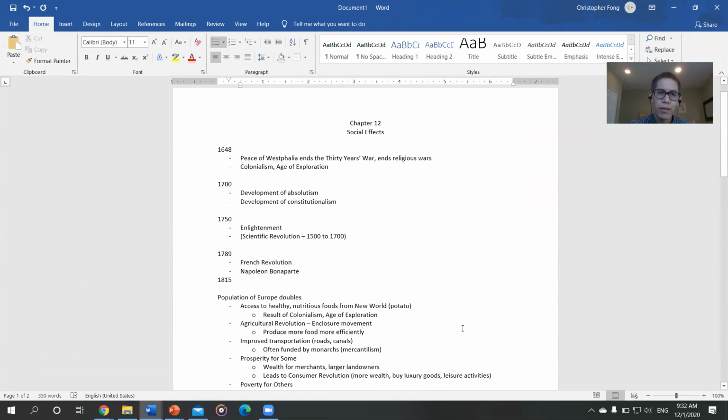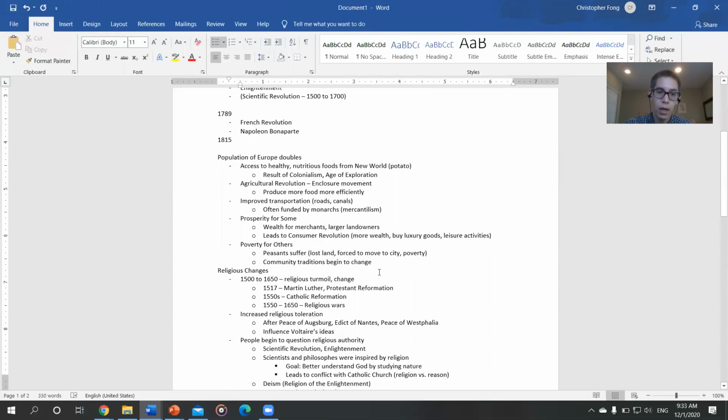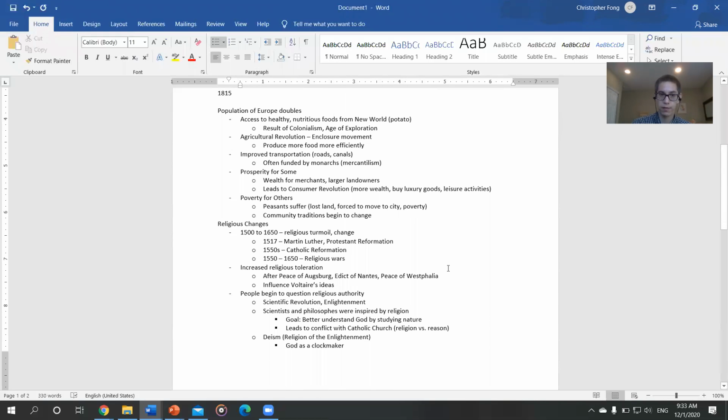So recapping this, we talked about some of the key events of the last few chapters from 1648 to 1815. The religious wars are over, so there is increased religious toleration. There are new forms of government developing, absolutism, constitutionalism, and then the Enlightenment and the effects the Enlightenment has with the French Revolution. When talking about these social effects, in three or four different buckets, we see population growth, which benefits many and harms others.